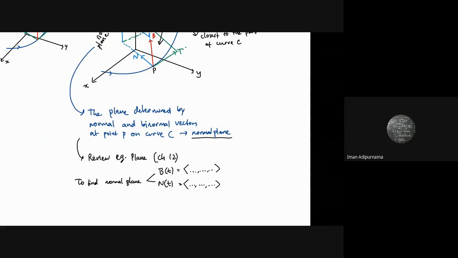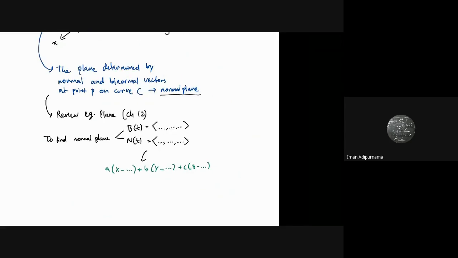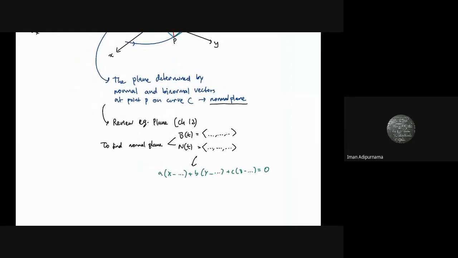And then you put them in the equation of the plane. The equation may be a times x minus something plus b, depending on which point you want to approach, equals 0. That's how you're going to find the plane.